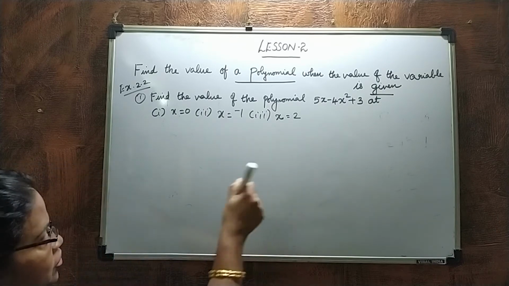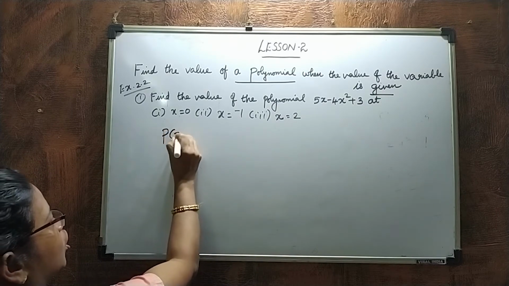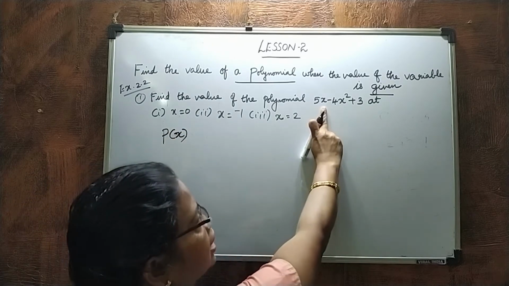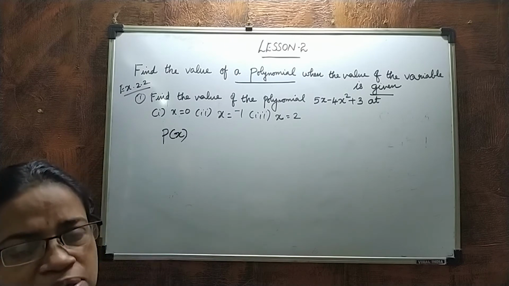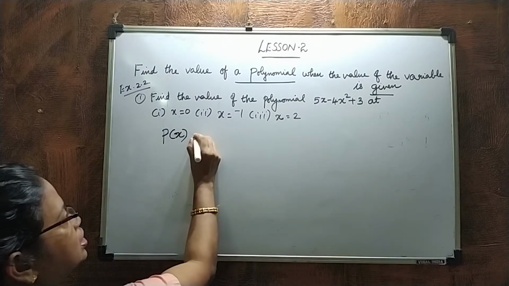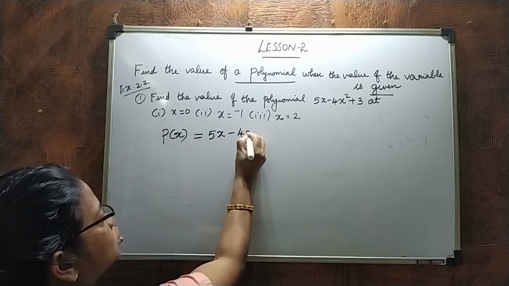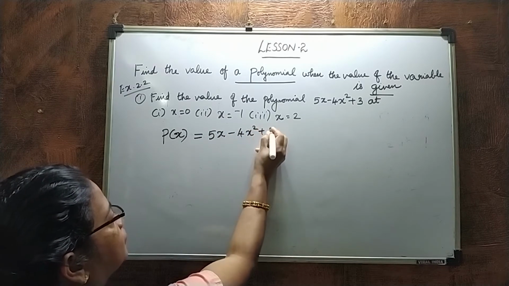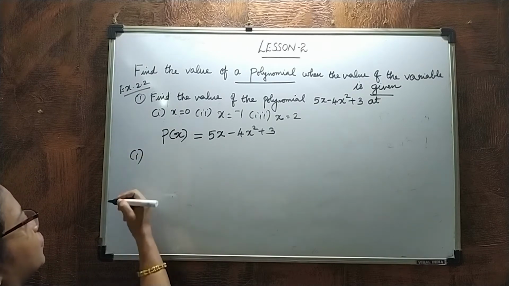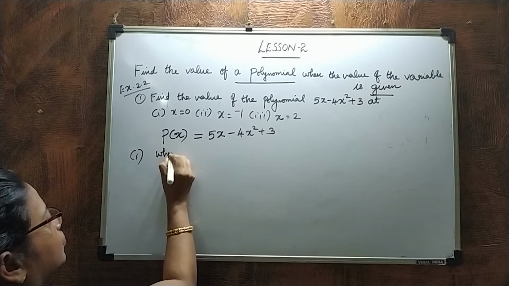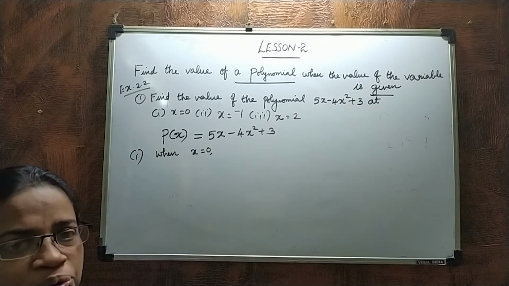Okay, let's start now. First, what should you write? You have to write p of x, polynomial of x, because the variable here is x. Only x is there, so p of x. So p of x is equal to 5x minus 4x square plus 3. Okay, now first question: when x is equal to 0, what do you have to do?